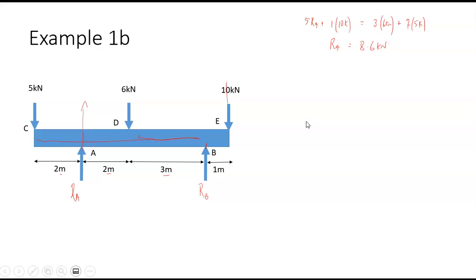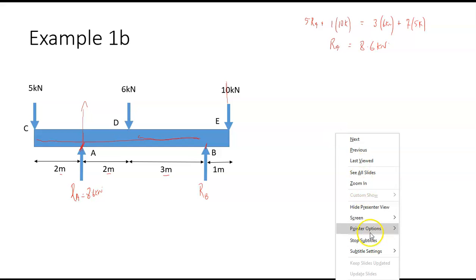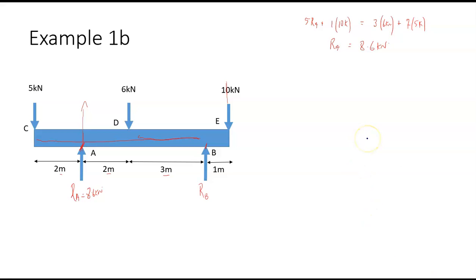If I then take the moments about A, and maybe I'll do this in a different color. So we do it about A, and again, if we take the clockwise moments, we have this one.